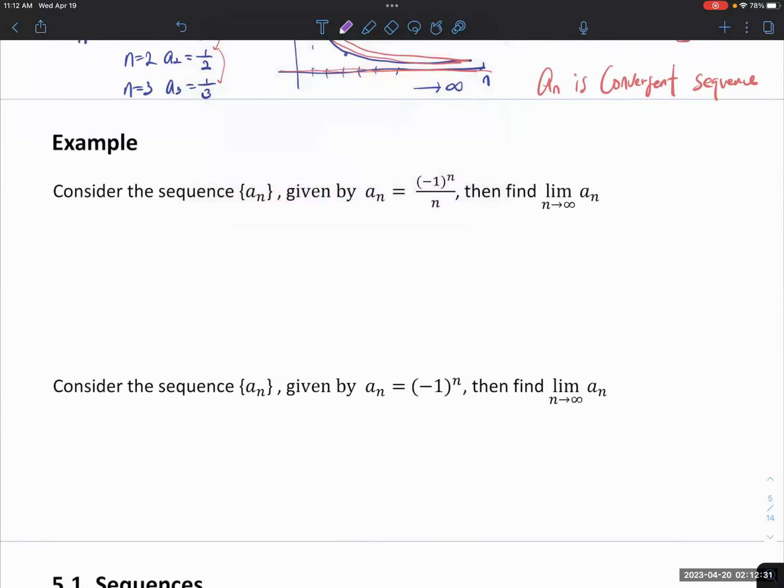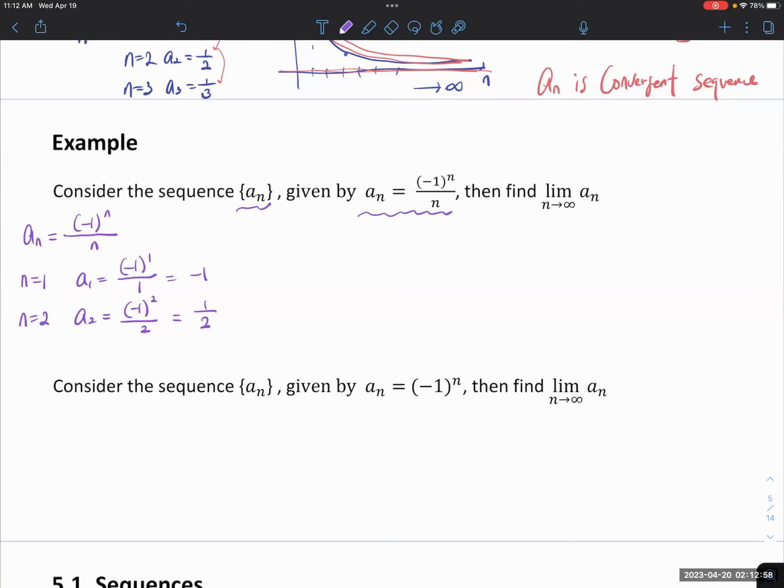Okay, I do have a sequence. Thank you. They already found out the generalized form. So let me write down a list of the numbers of that. When an equals (-1)^n over n. If n is 1, a1 will be (-1)^1 over 1, which is -1. If n is 2, a2 is (-1)^2 over 2, which is +1 over 2.